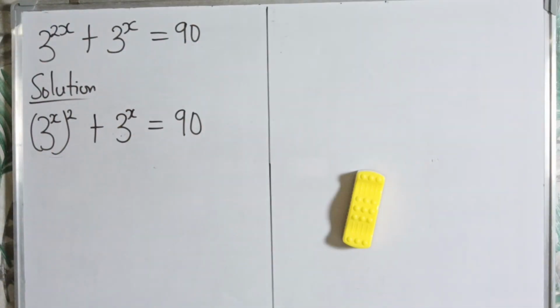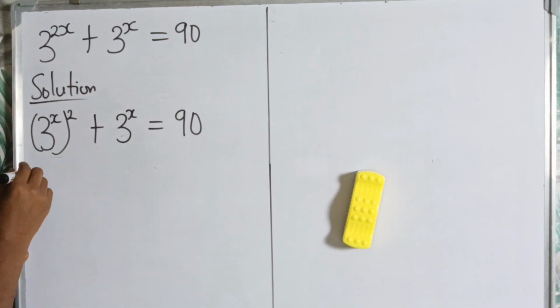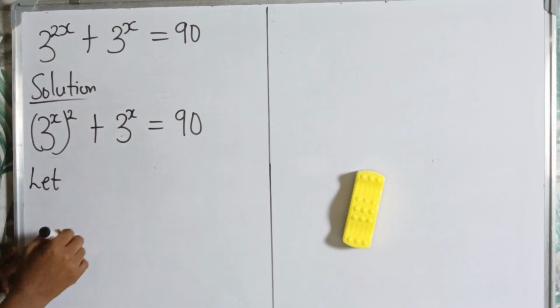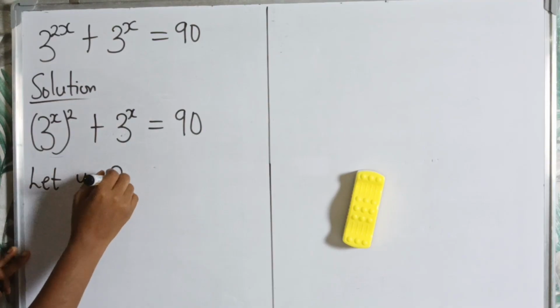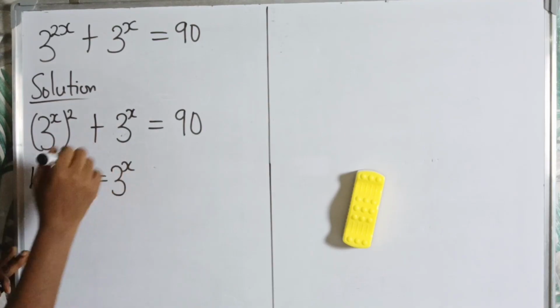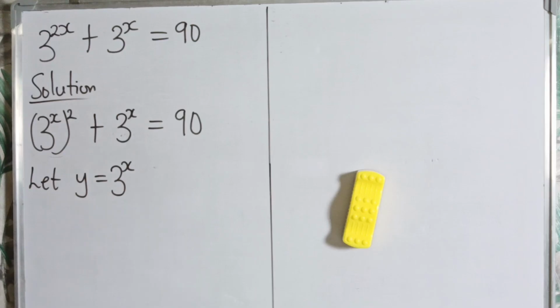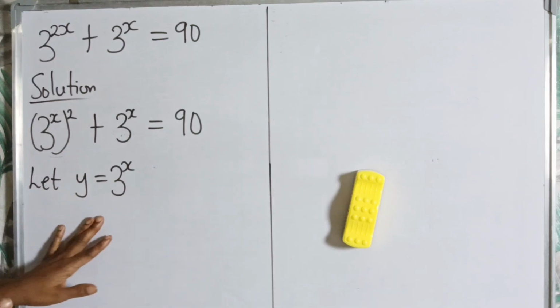So looking at this, we are going to apply the substitution method. We are going to substitute. So let y be equal to 3 raised to the power x. To make the work easy for us, we have to substitute.